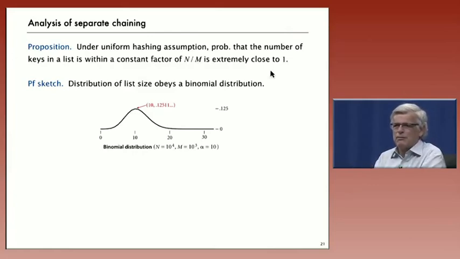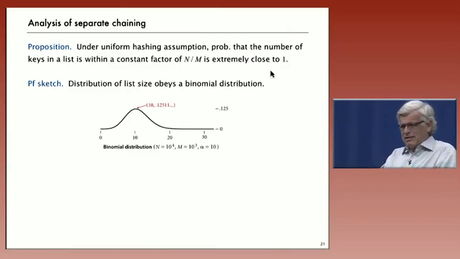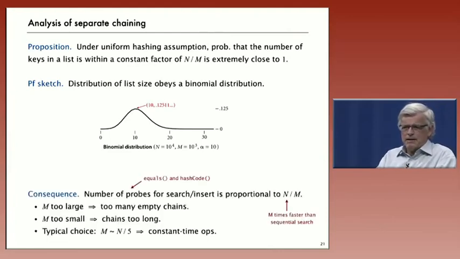So it means that we've divided the search cost, which would be n if we have a sequential search, by a factor of m. And in many applications, even setting m equal to 100 or 1,000 is going to be very effective, and that's why so many systems programmers use that. So the number of probes for search and insert is proportional to n over m.